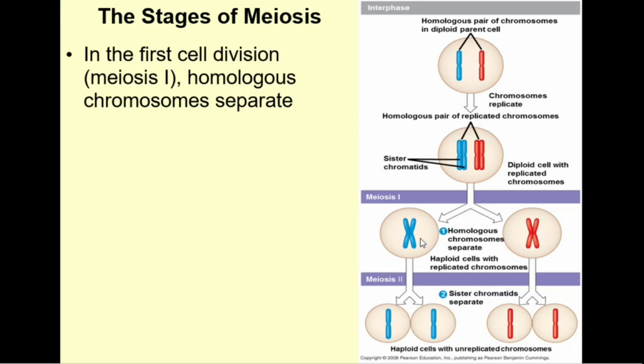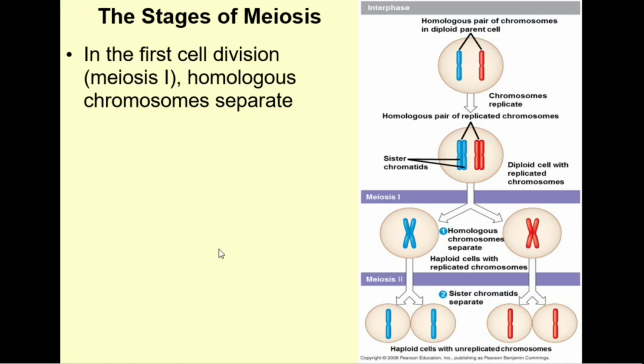But each chromosome, because it replicated up here during interphase, consists of 2 sister chromatids. And what Meiosis II does is it separates those sister chromatids. So we end up at the end of Meiosis II with 4 daughter cells that are each haploid. So each one of these 4 cells will have 23 chromosomes.